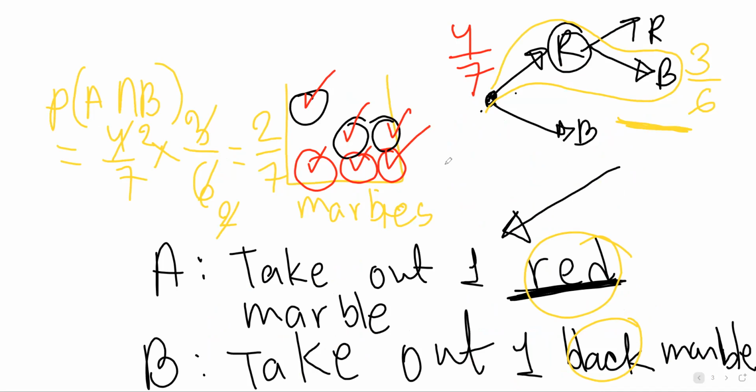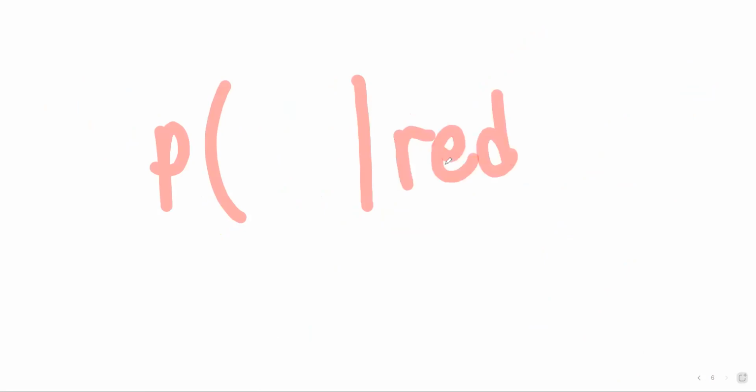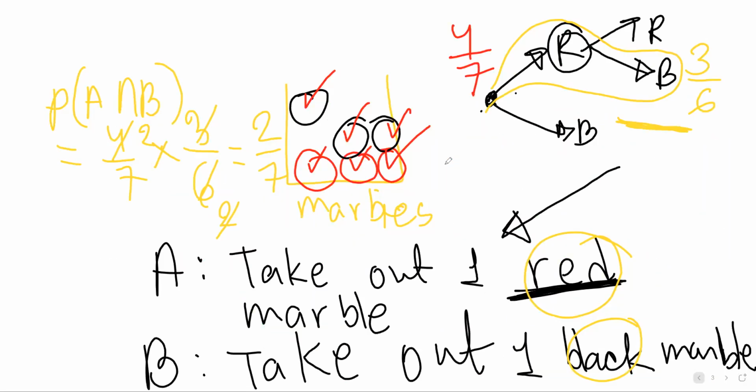So if I tell you to find the probability of taking out a black marble in the second attempt, given that a red marble has been taken out in the first attempt, in that case I would be writing it like this: probability of black given red, if I'm not wrong.